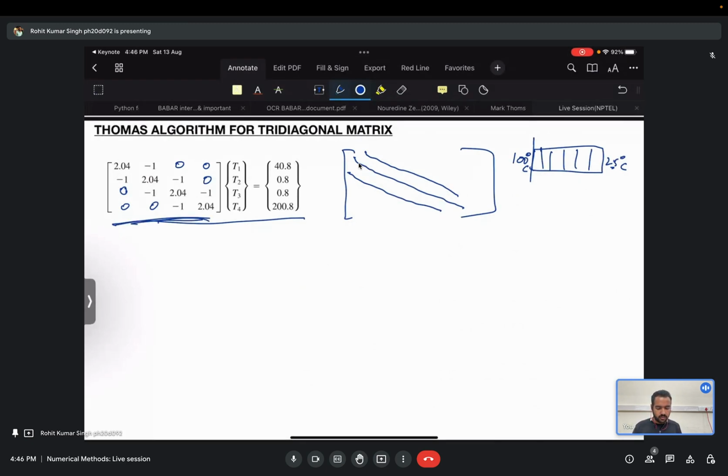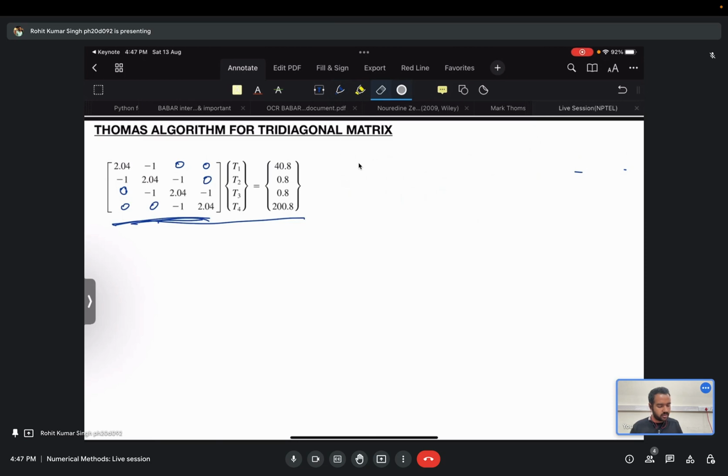So it's very important to know how to solve these using the Thomas algorithm. You can solve it in many other ways, but the Thomas algorithm is the most efficient one. So let's try to solve it. I don't know how much time we have, but let's see how far I can go.